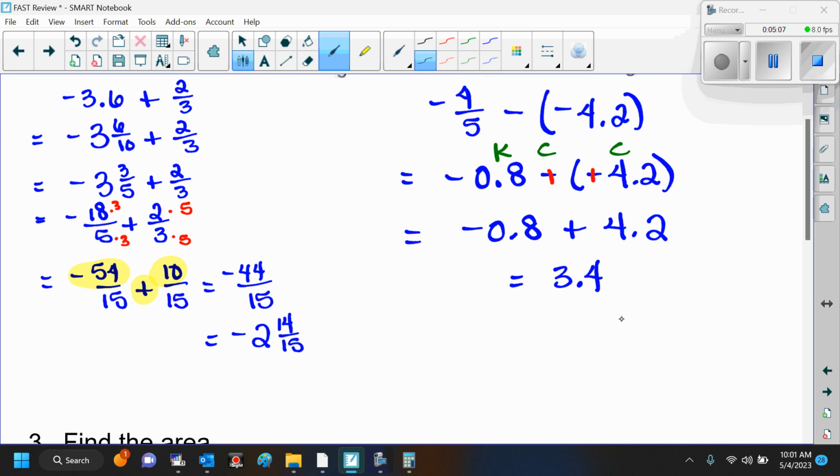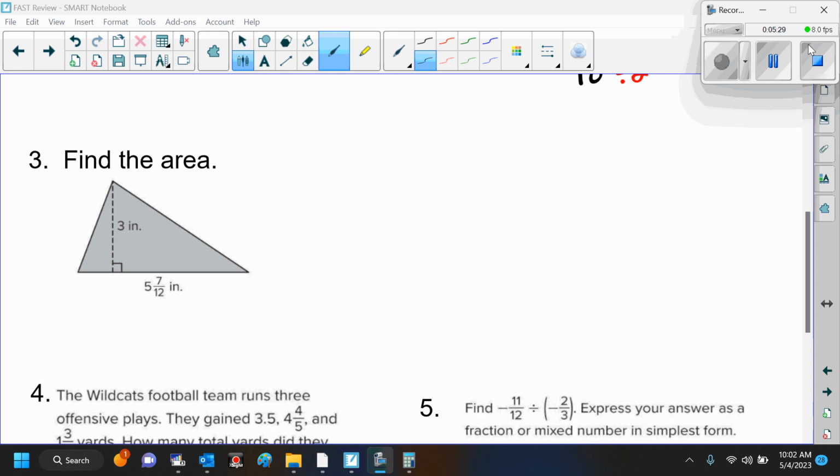Yeah, because 3.4, you read it correctly, is what? 3 and 4 tenths. 3 and 4 tenths. And then we can simplify that by dividing by 2, right? And that gives us 3 and 2/5.